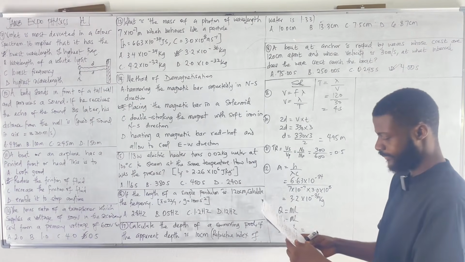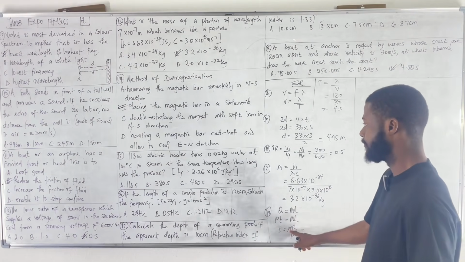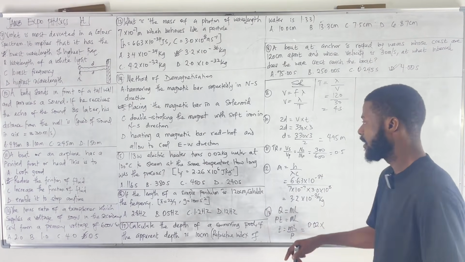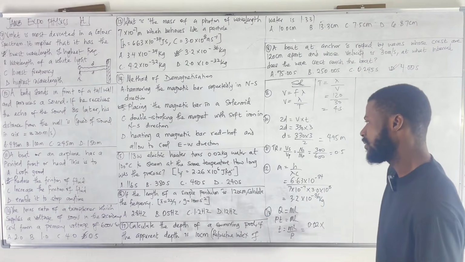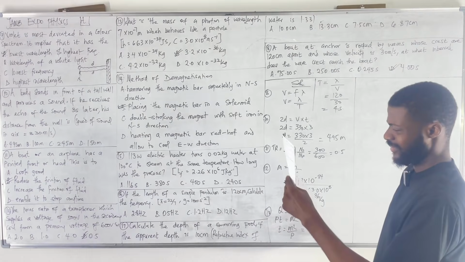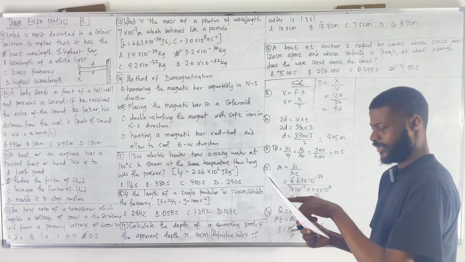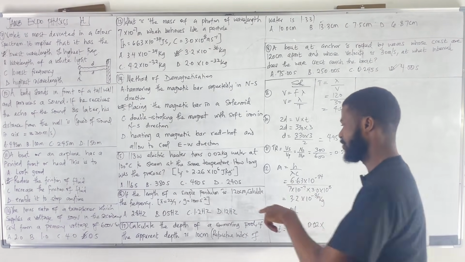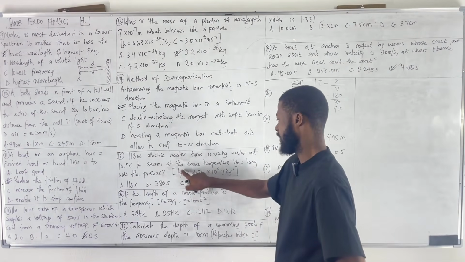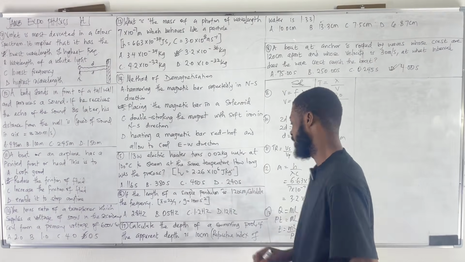So m is 0.02 times the latent heat, to steam. So that's vaporization. I think this should be Lv, not Lf. Sorry, this should be Lv, vaporization.